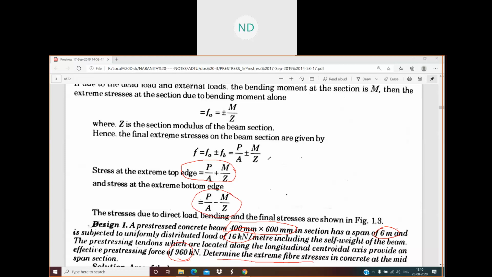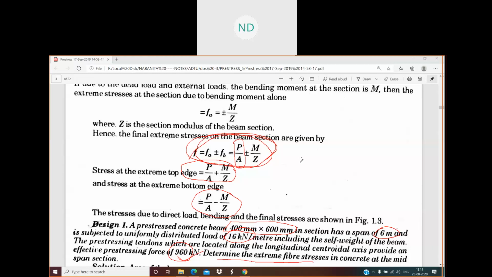So the stresses will be P by A plus minus M by Z. Due to this pre-stressing force 960 kilonewton, the direct stress P by A will be developed. Already in the first class I explained you.